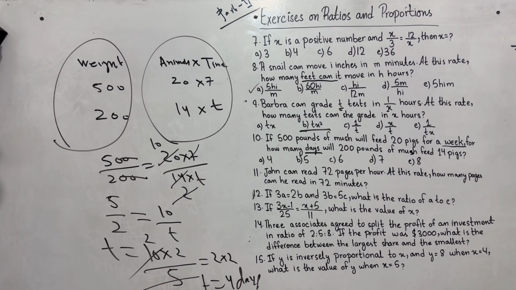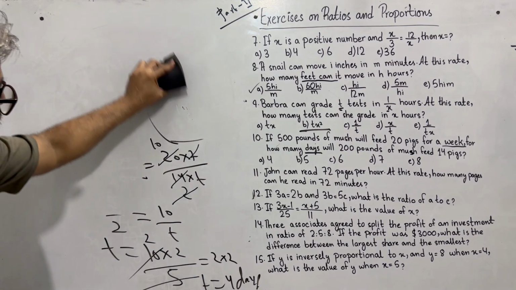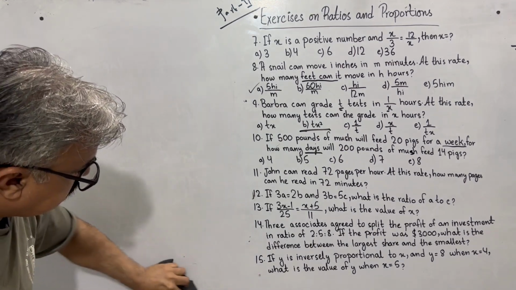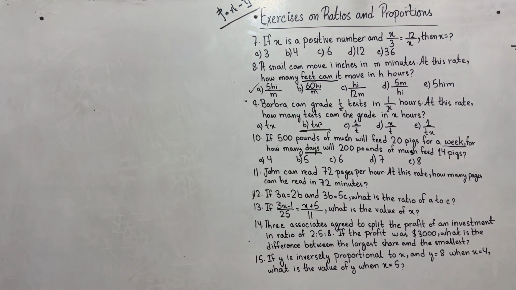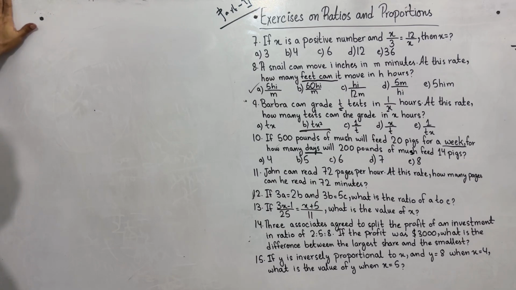Moving towards further, that is our question number 11. John can read 72 pages per hour.